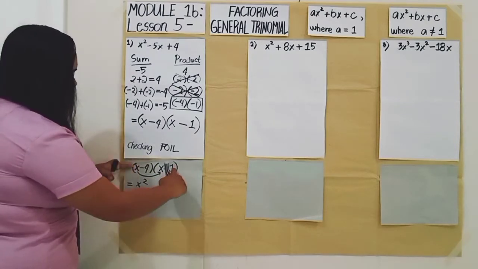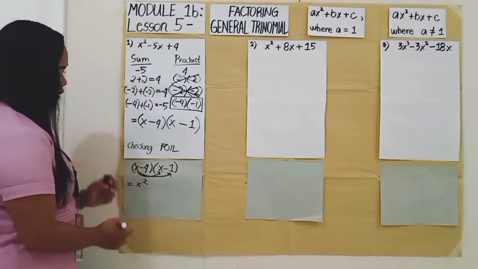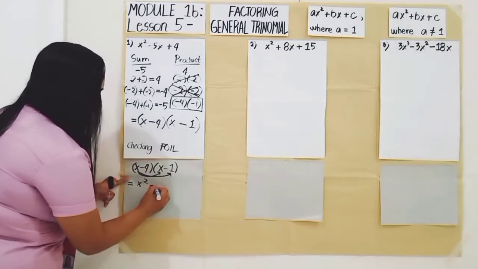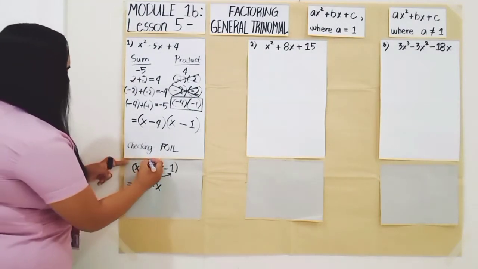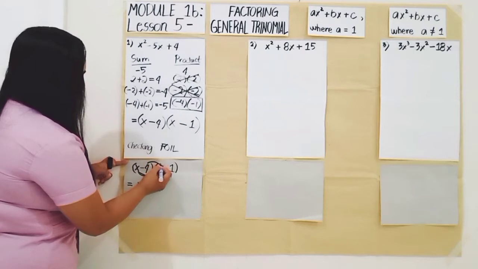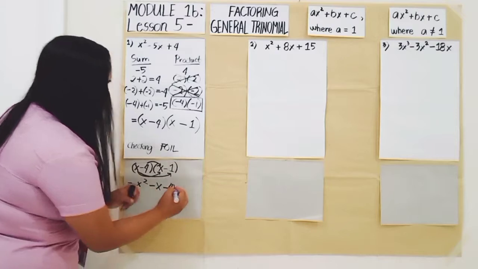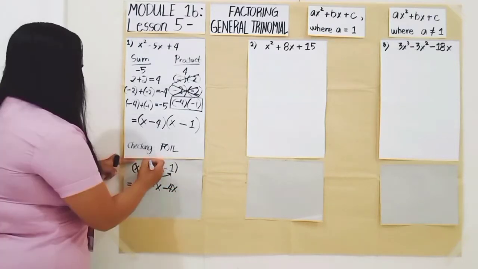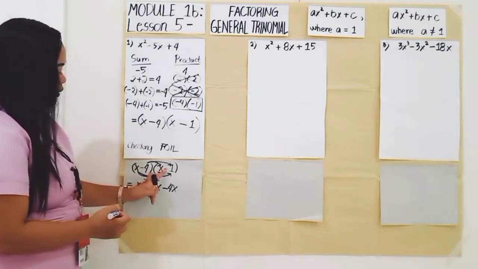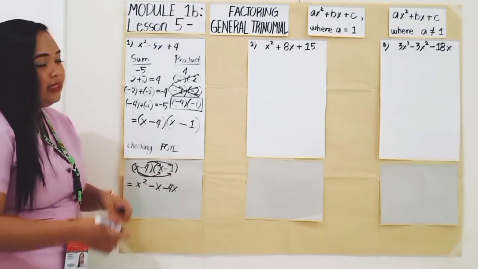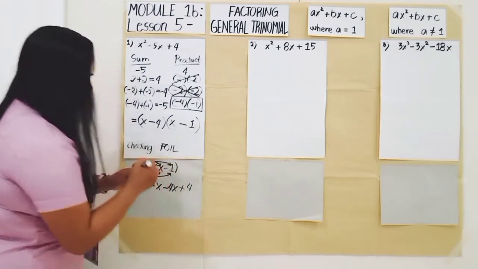Outer, x times negative 1 is equal to negative x. For inner, negative 4 times x is equal to negative 4x. The last terms are negative 4 times negative 1, which is equal to positive 4.